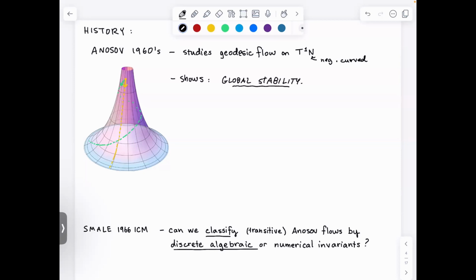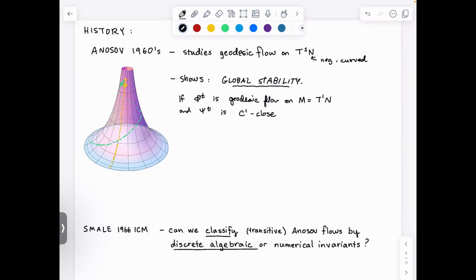So here's the theorem, the global stability theorem: say phi is geodesic flow on the unit tangent bundle of some negatively curved manifold, and I take another flow that is arbitrary. I forget that there was a metric or anything, but I just want it to be some little perturbation of the first one. So, C1 close to phi.